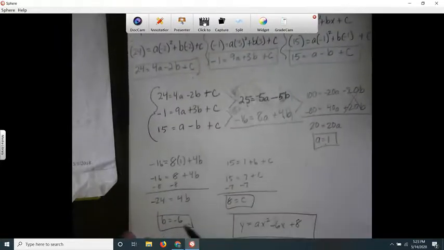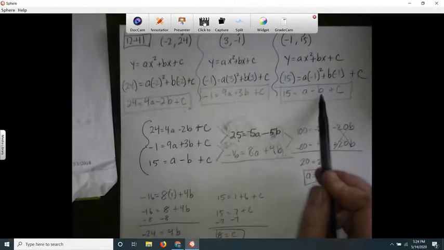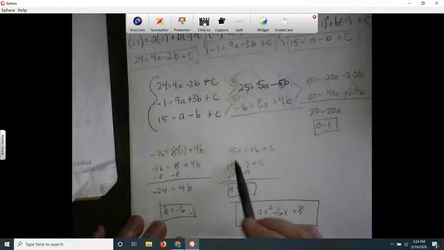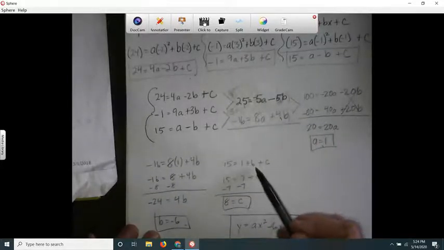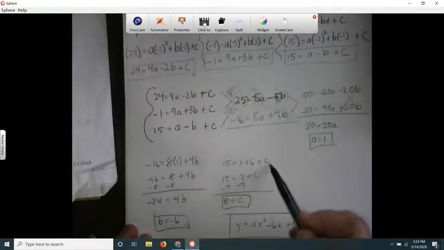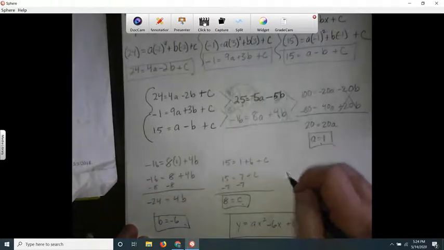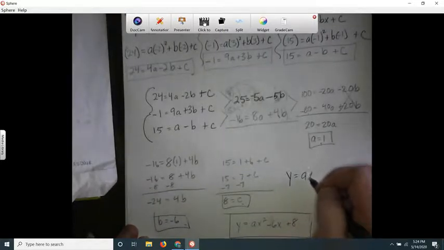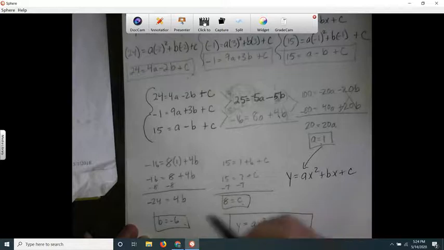I said 15 equals a, which is 1, minus b, so minus -6, plus c. I did that hard work, and I got 8 equals c. Then I know that a parabola goes like this: y equals ax squared plus bx plus c. I plugged a in there, b in there, and c in there. That's how I'm getting this answer. It's called curve fitting.